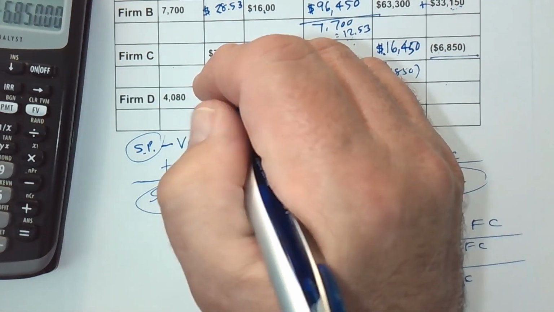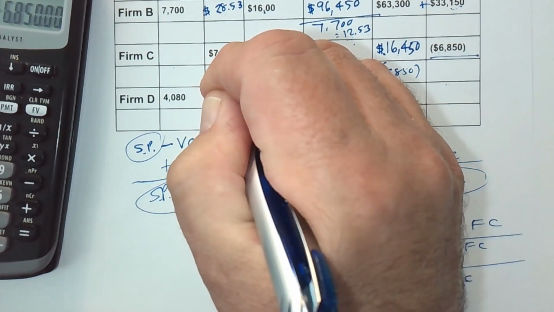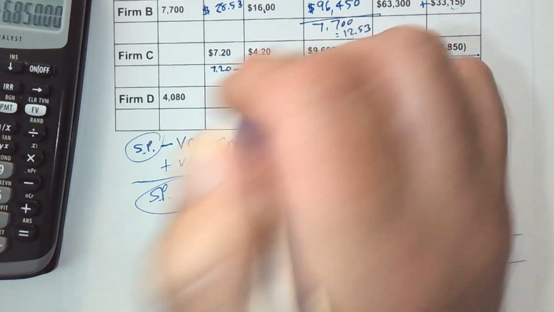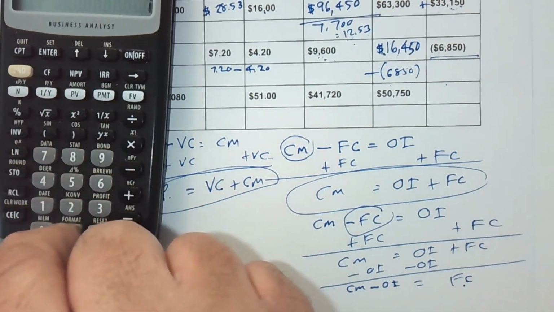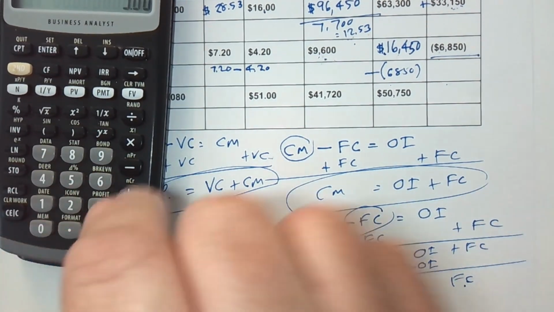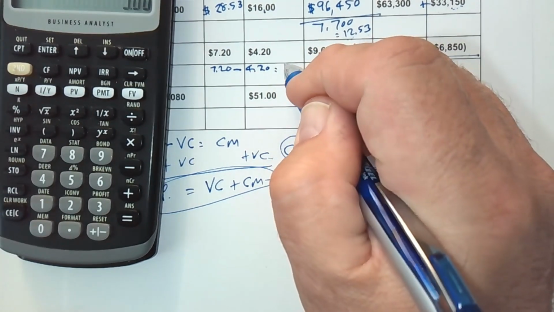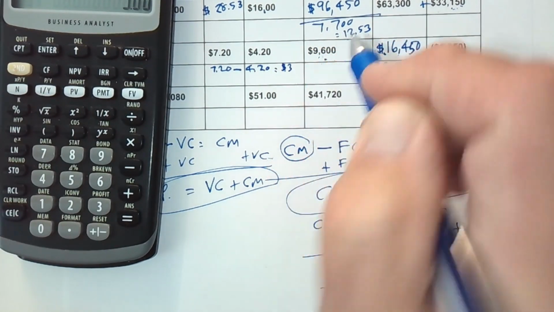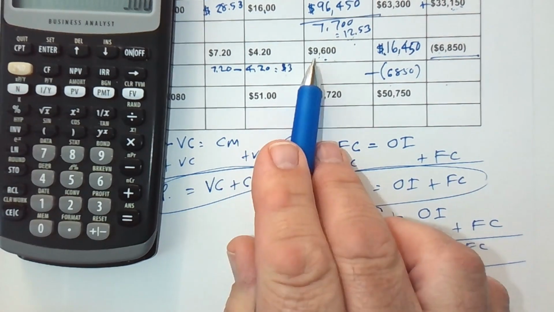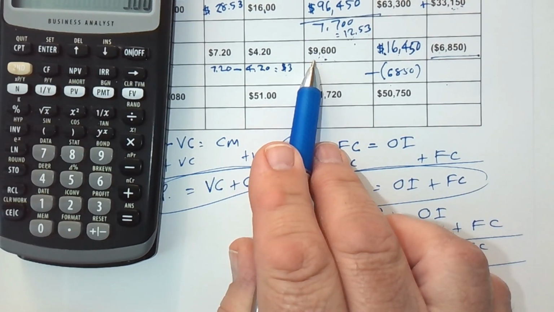So I'm going to take the selling price of $7.20 and subtract from it the variable cost per unit, $4.20. $7.20 minus $4.20 gives us a $3 per unit contribution margin. So in other words, $3 of each unit goes toward this contribution margin.